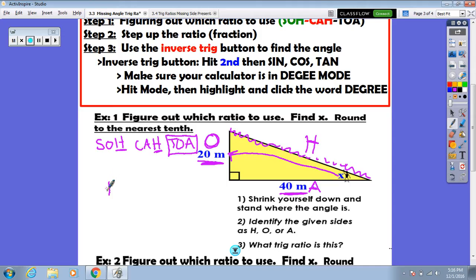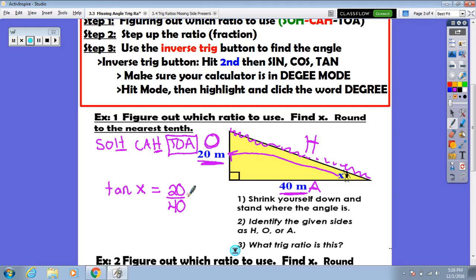So we would have tangent of x or theta. It doesn't matter which variable you use here because they mean the same thing. Equals, what does that ratio look like? What number would be on the top and which one would be on the bottom? Good. 20 is opposite, so that would be on the top, and 40 is adjacent, so that would be at the bottom.